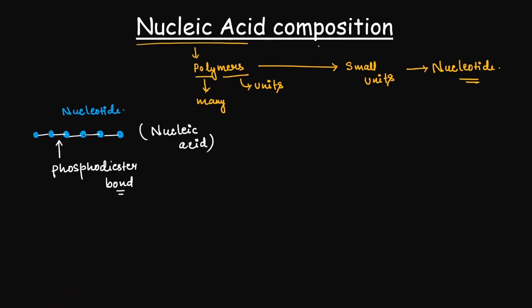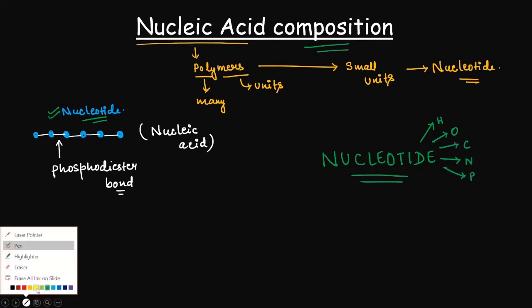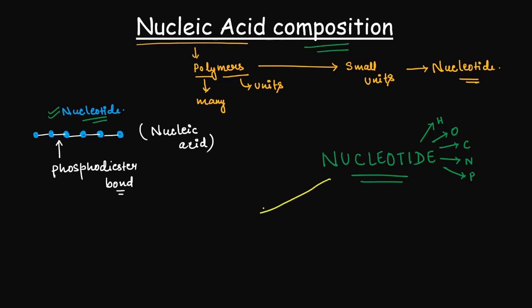So in order to understand the composition of nucleic acid, we must understand the composition of its smallest unit, which is the nucleotide. So what is a nucleotide made of? Nucleotide contains elements such as hydrogen, oxygen, carbon, nitrogen and phosphorus. They are mainly made of three major components.